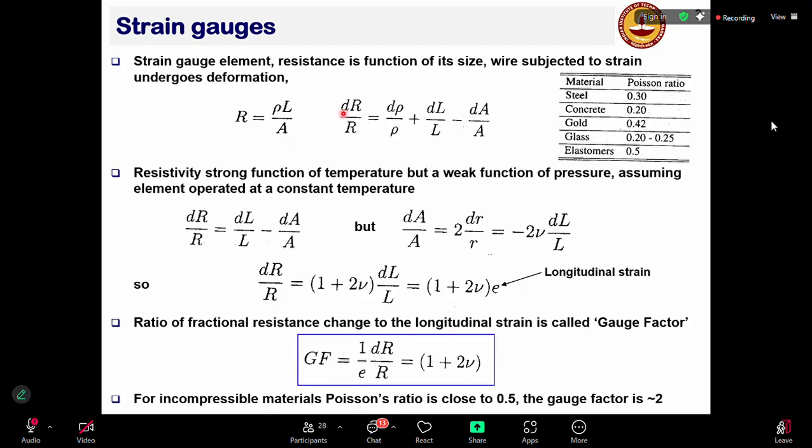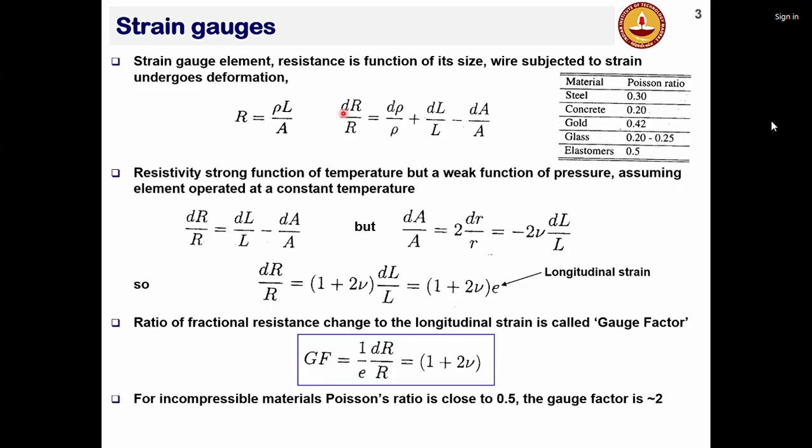Now from here, if you take elemental resistance change, you can write dR over R will be equal to d rho over rho plus dL over L minus dA over A. So basically, you take the derivative of R with respect to each one of these parameters. And when you club them, you get dR over R as a function of rho, L, and A as so.